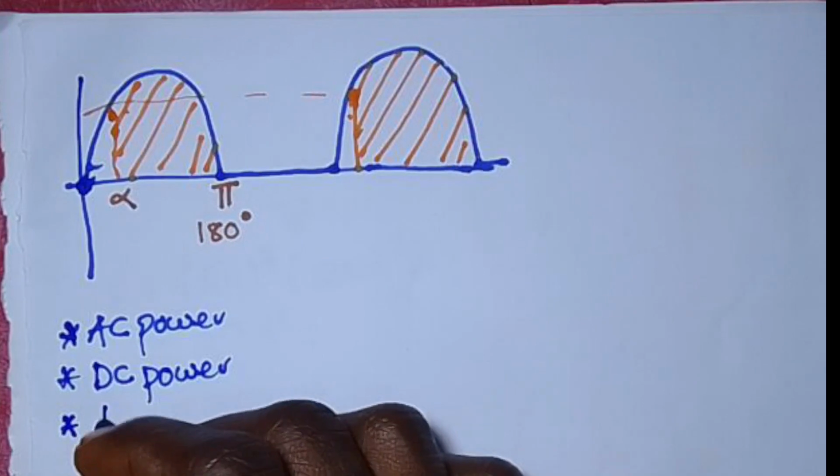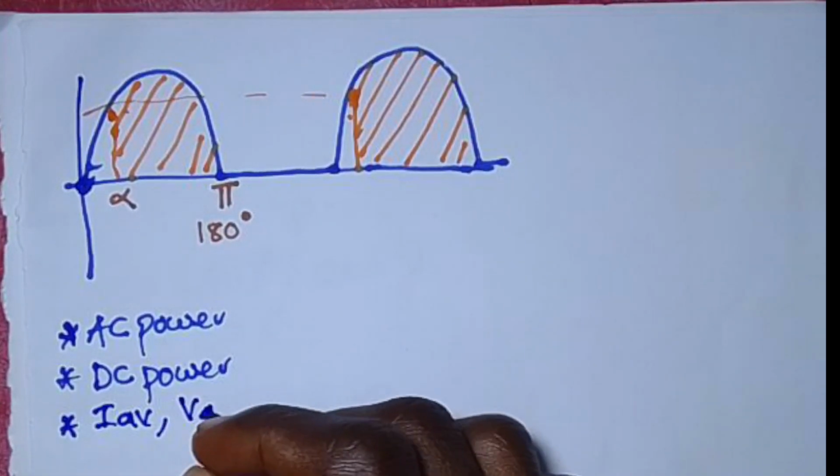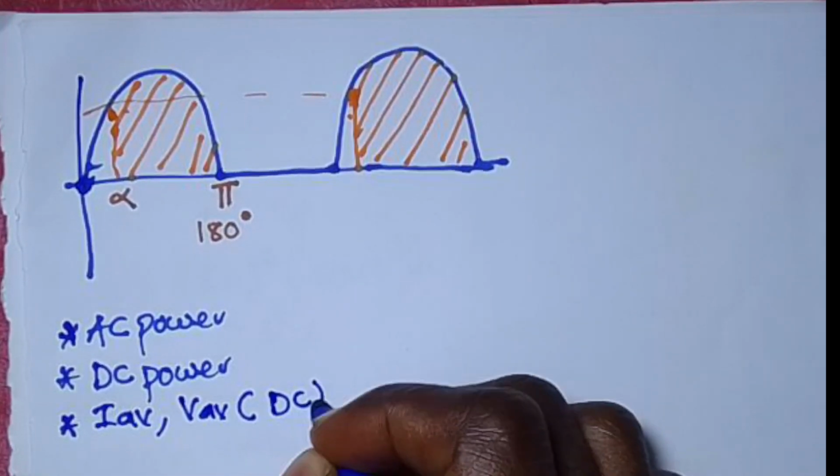For example, the I average and the V average. These average values represent the DC values.